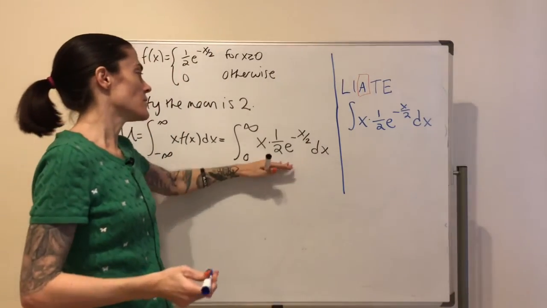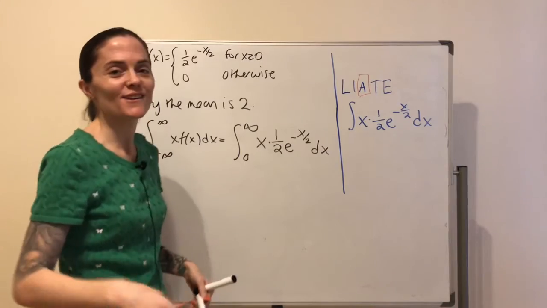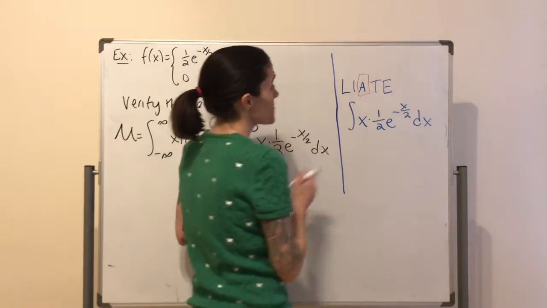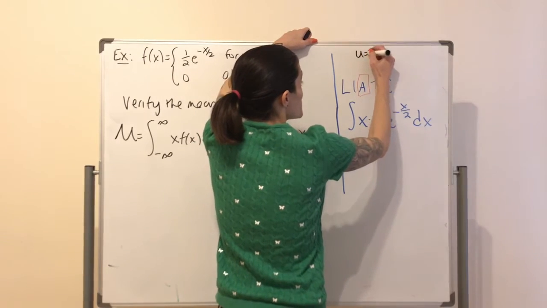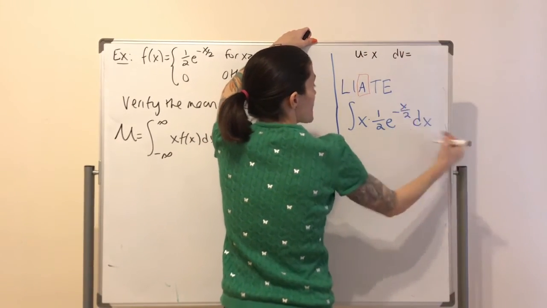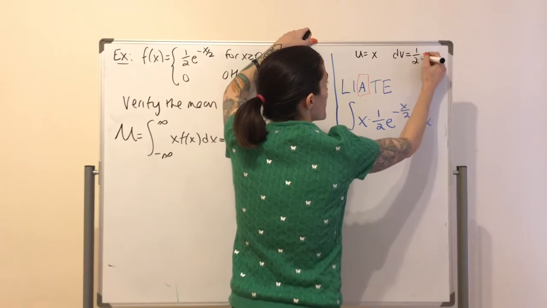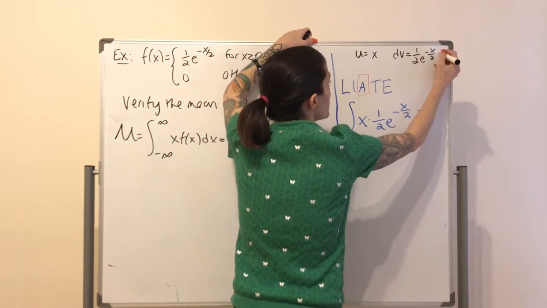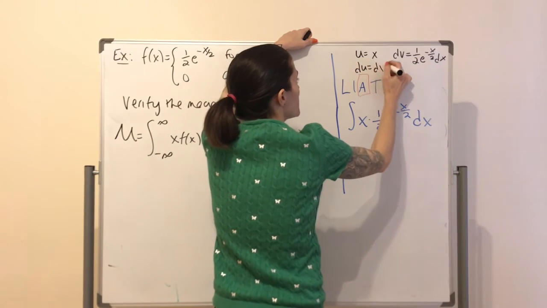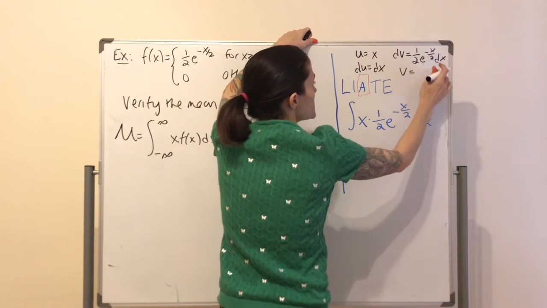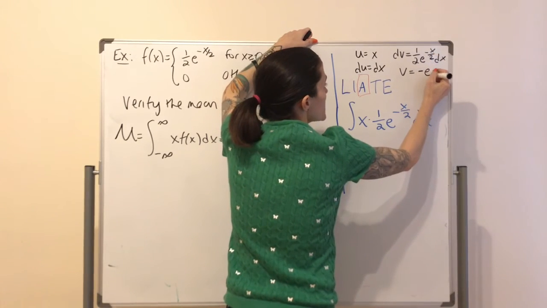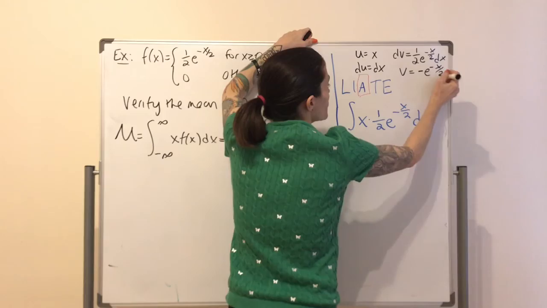And then we will go here, which is a definite integral and a limit. Okay, so here, u is x, dv is everything else, so it's 1/2 e to the minus x over 2 dx. And then we differentiate, and then we integrate. This one we already integrated. It was a minus e to the minus x over 2, like this.